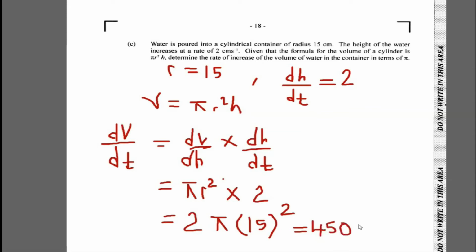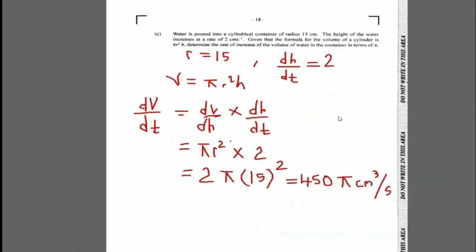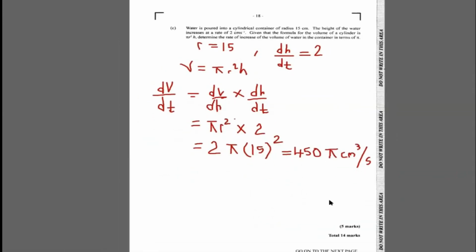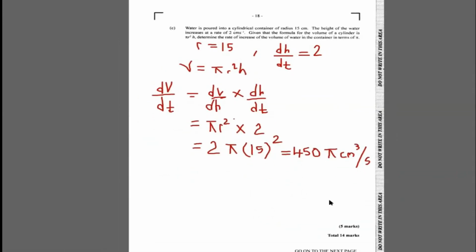All right, and then remember volume is in cm cube. So it's 450 pi cm cube per second. That's dV by dt. Nice and easy, soft. And they're giving away 5 marks for that.